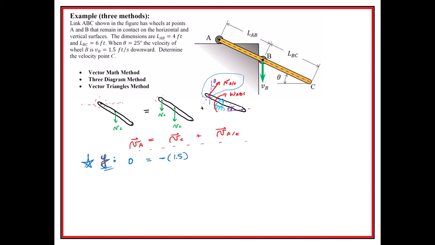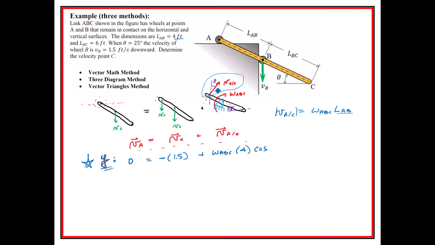So, without writing extra steps, we know that the magnitude of that relative velocity is omega ABC times that length AB, right there. But it's only the vertical part of it. So we go plus omega ABC times, and this is going to be 4, times the cosine, right?